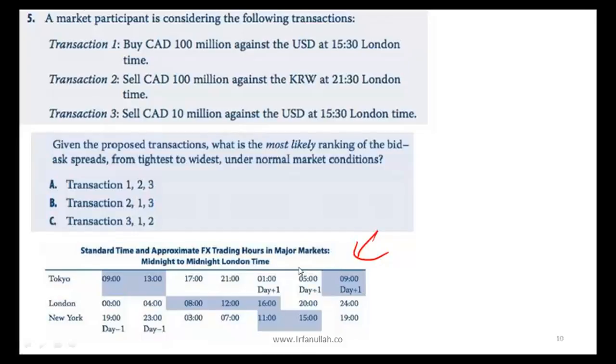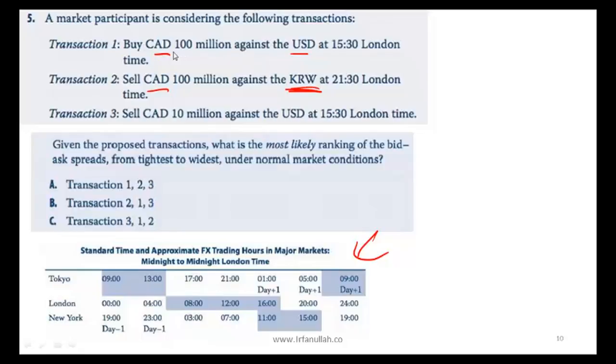Okay, remember what I said. What are the two currency pairs here? One is Canadian dollar and USD. Another is Canadian dollars and, does anybody know what this is? Yes, this is the Korean won. Which one do you think is more actively traded? USD, Canadian dollar is more actively traded. So now that you are at level 2, you are expected to have some basic financial general knowledge.